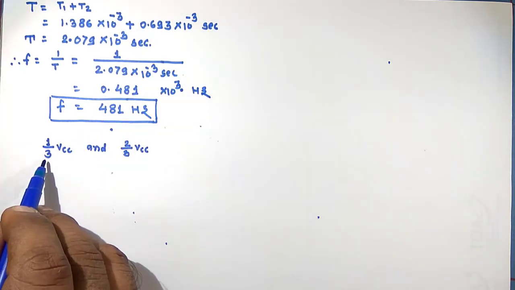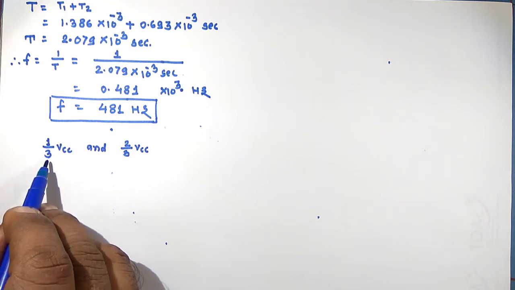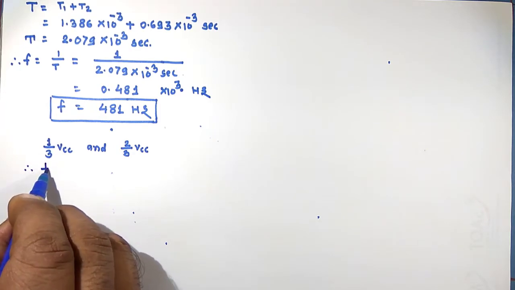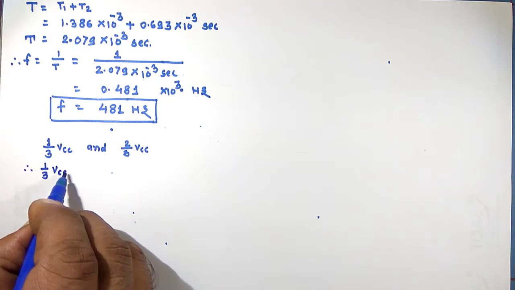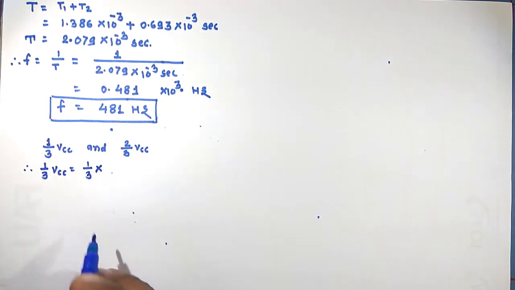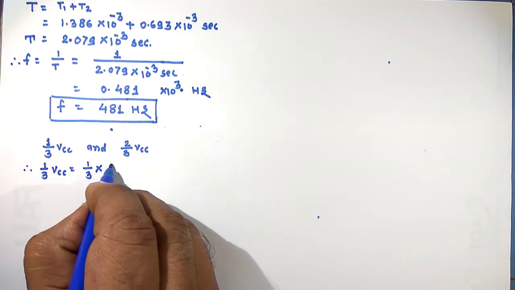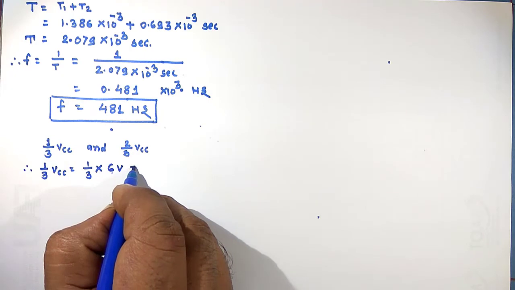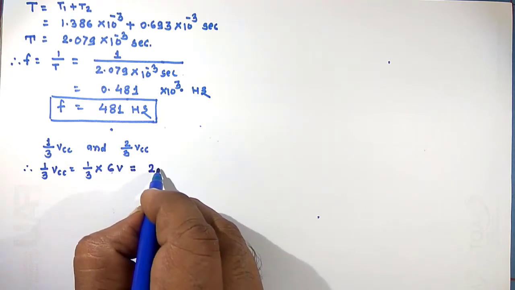So we should know these values. Hence 1/3 VCC is equal to 1/3 into VCC is 6 volt, so this is equal to 2 volt.